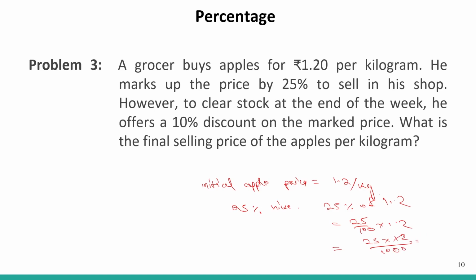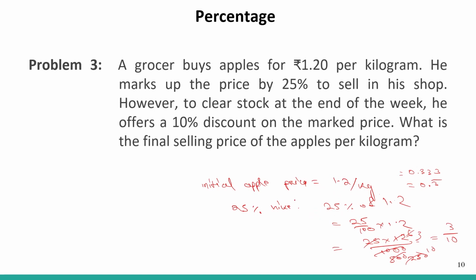Simplifying, that will be equal to 3 by 10, which is 0.333, or 0.3 bar. This is the amount that will be hiked.